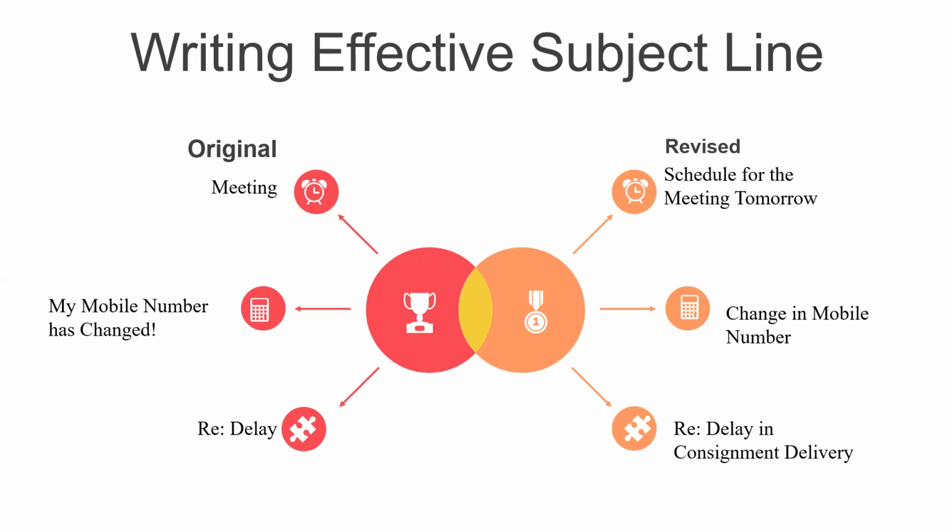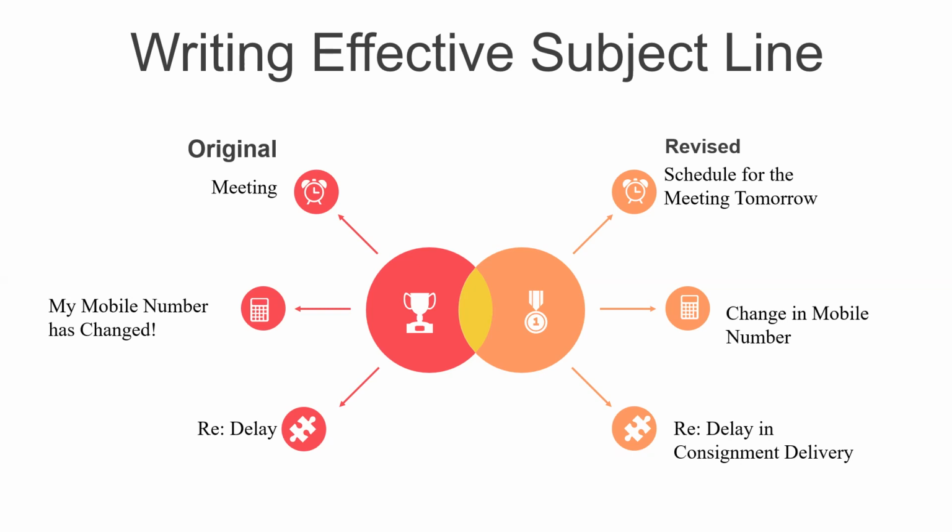People are more likely to open emails that grab their attention, spark their curiosity, or offer a clear benefit. See the other two examples. "My mobile number has changed." The revised one shows how it can be drafted in a better way: "Change in mobile number." Look at the third one, "delay." What is delay here? No clarity in the message.